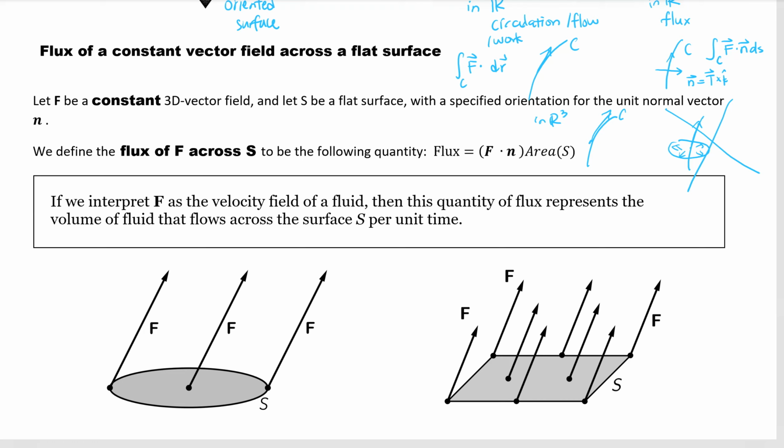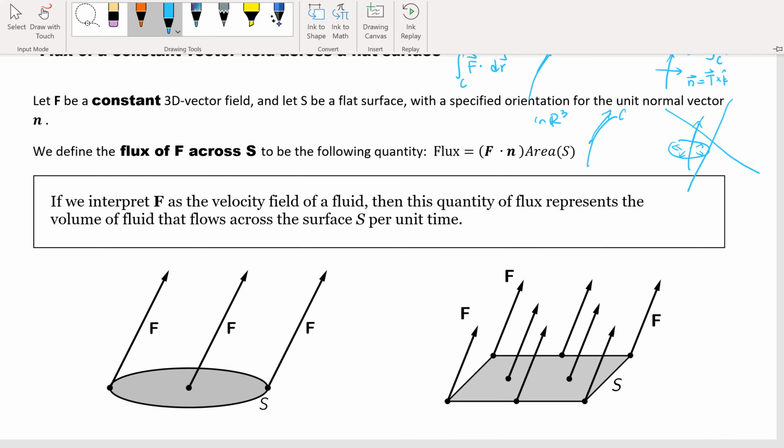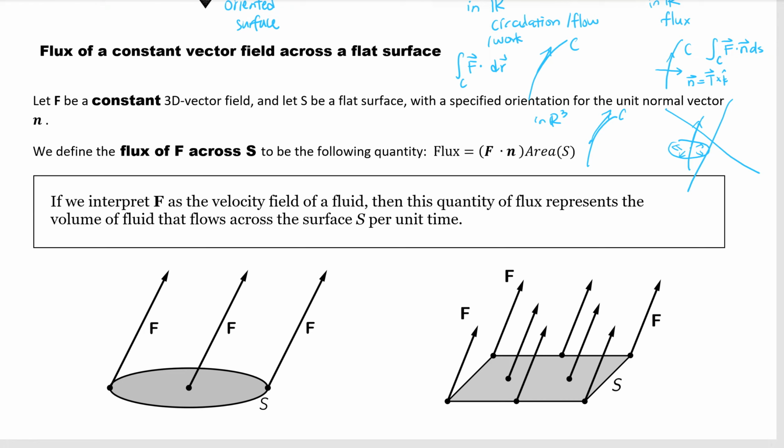We define the flux of the vector field across the surface to be the following quantity: F dot n times the area of S. If we interpret F as the velocity field of a fluid, then this flux represents the volume of fluid that flows across the surface S per unit time.